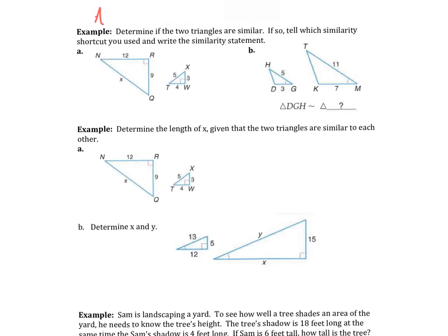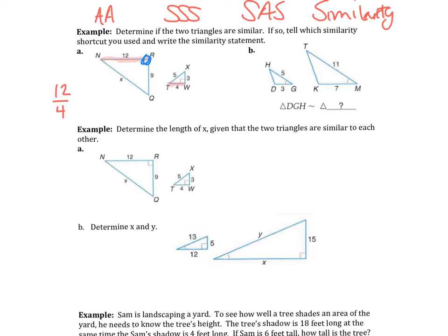Okay, so looking at this first one, I see that this side right here is 12, and it's going to correspond to this side down here. So I'm going to write my proportion of 12 over 4. I see that I have my right angle in between for both of them, so that's going to be my included angle. So I know that angle R is congruent to angle W. And so then I'm going to see if 12 over 4 is equal to this 9 over 3.